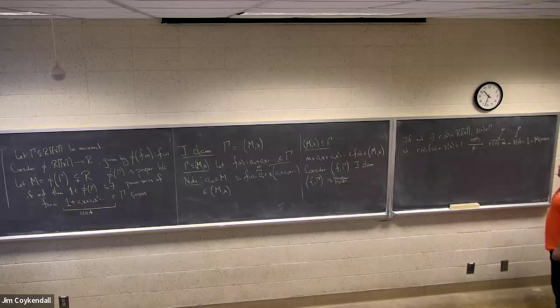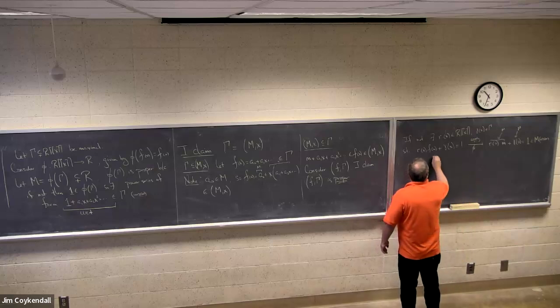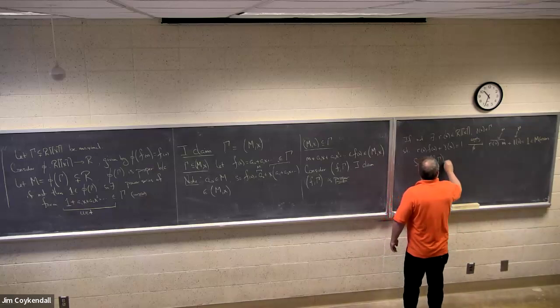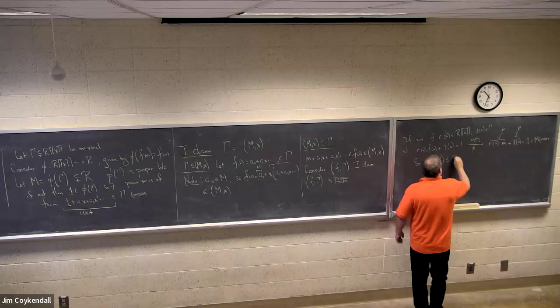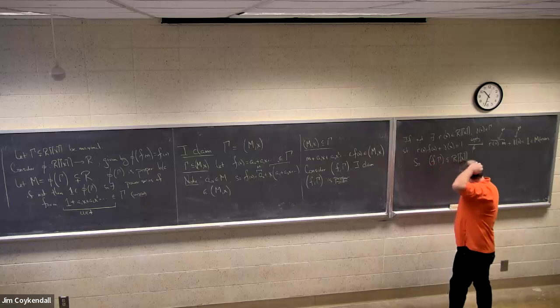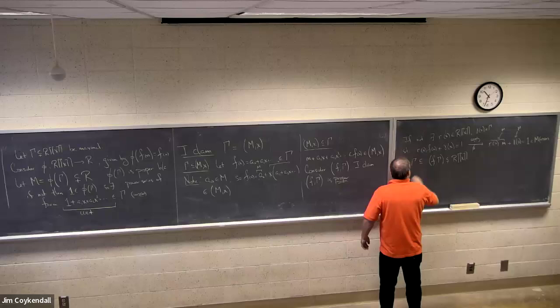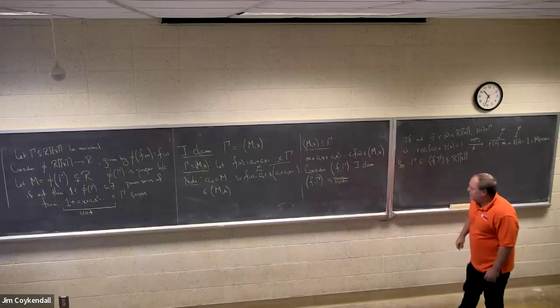Okay, sorry. So what does that give me? (f, gamma) is a proper ideal strictly containing gamma. But gamma is maximal.